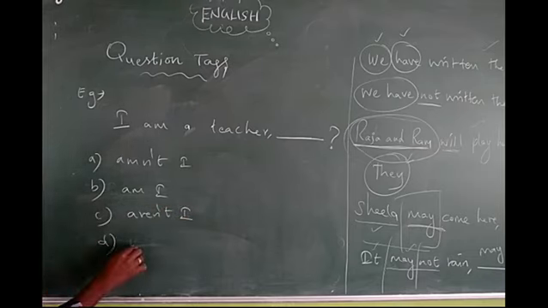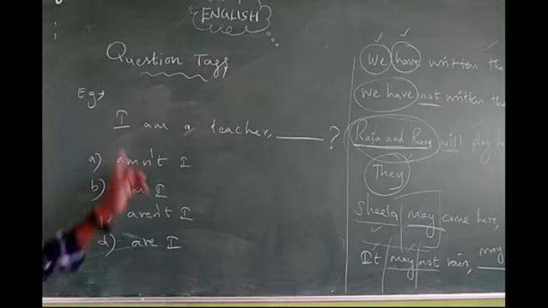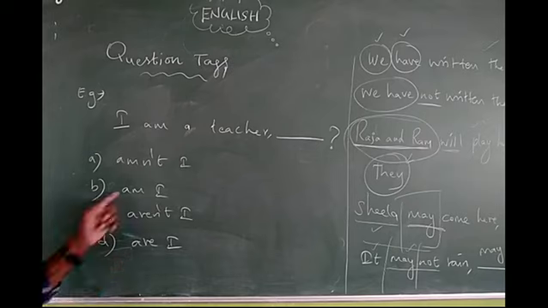Or are I? Okay? See, like that in examination point of view, they will ask these type of questions. I am a teacher. Question tag is given and also options: amn't I, am I, aren't I, are I. What's your answer?